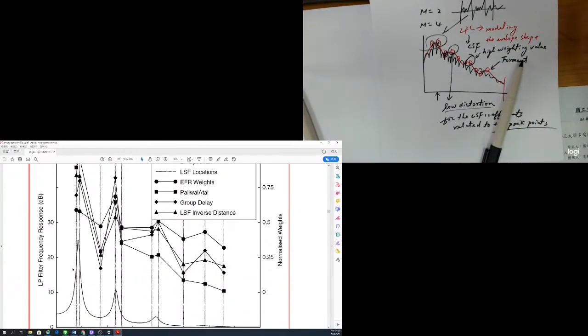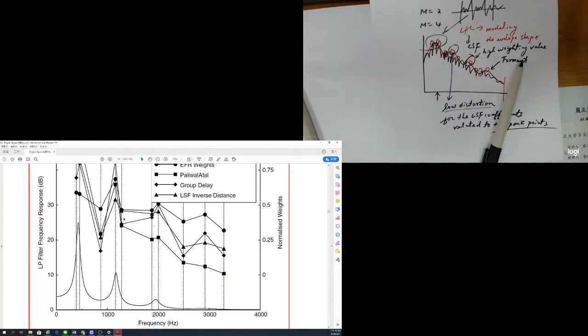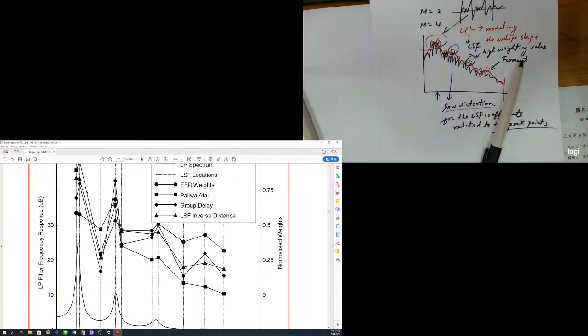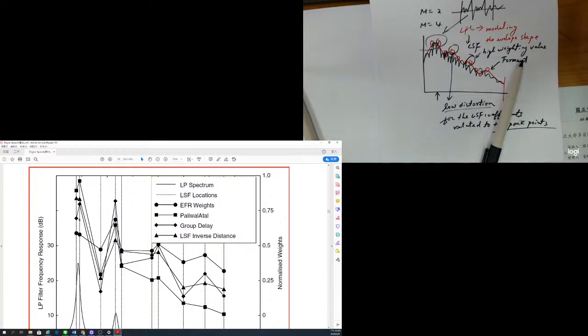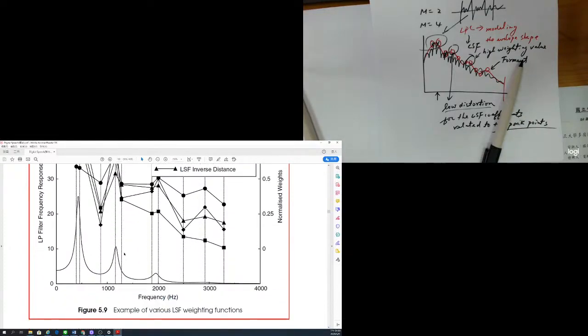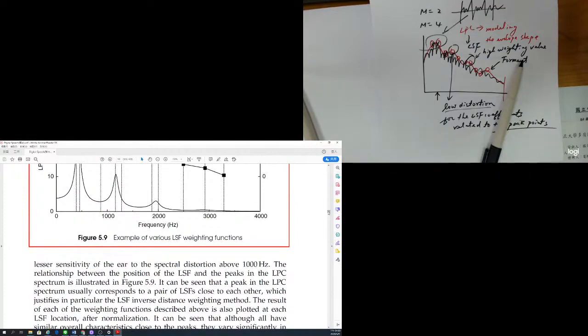You try to highlight a high weighting value. If your line spectrum frequency coefficient occurs at your envelope peak point, the weighting value becomes higher here. So this group delay is like this one, or like this mark here. So in the beginning, there will be like this one, and this one. So you can trace what the weighting value is. It looks like the group delay gives good performance.